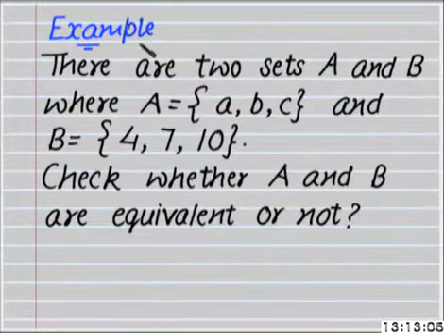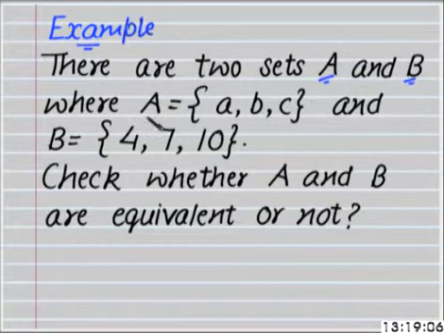Now let's see another example. There are two sets, set A and set B, where set A is the set containing elements A, B, C, and set B containing elements 4, 7 and 10. Check whether set A and set B are equivalent or not.